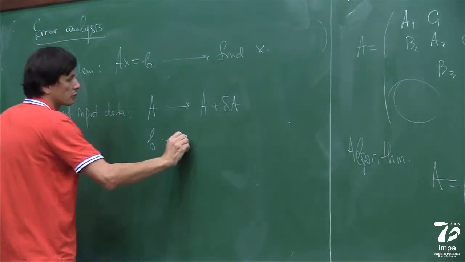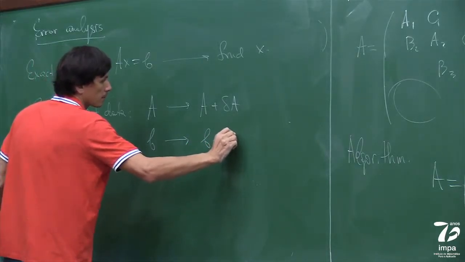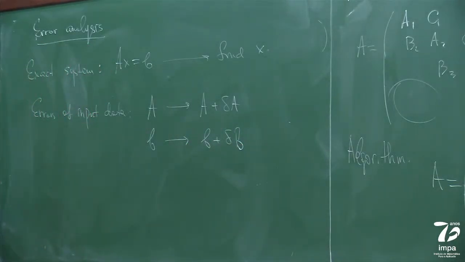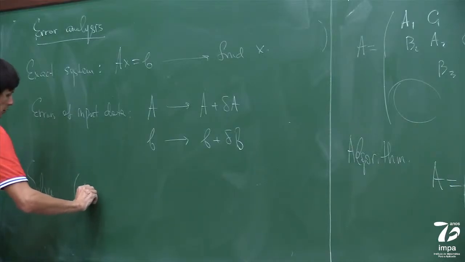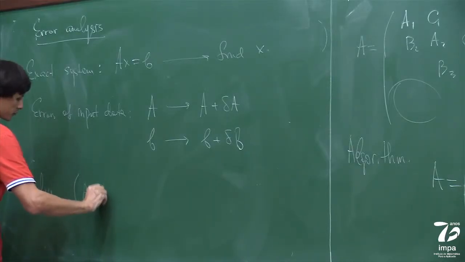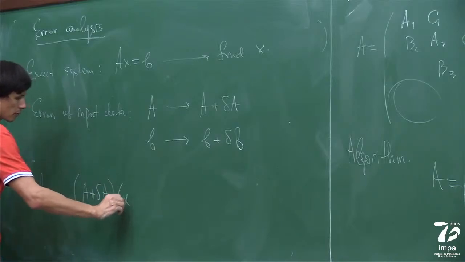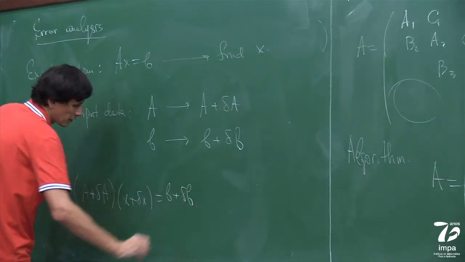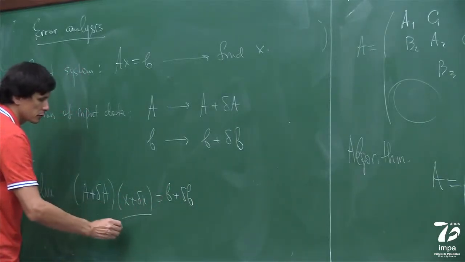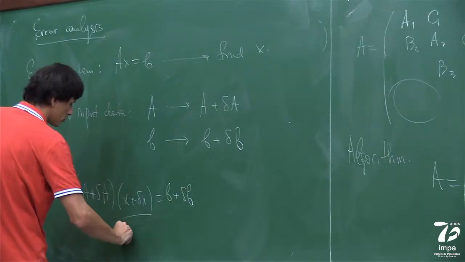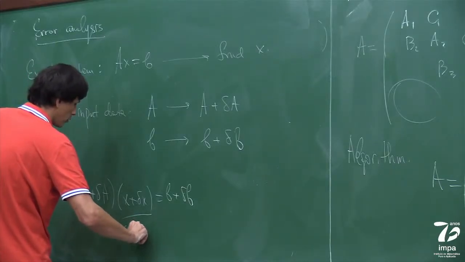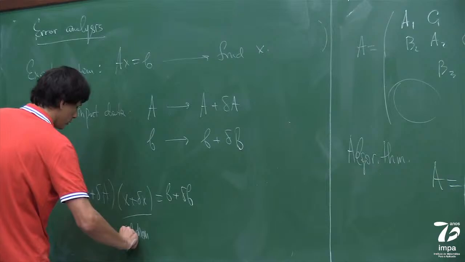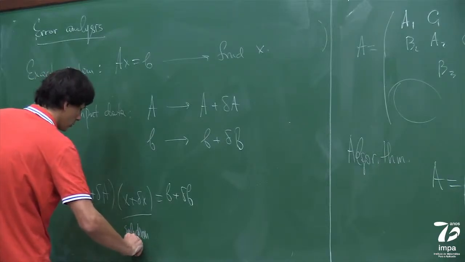And instead of B, you receive B plus delta B. And so it means that in reality you solve this equation. So you find a solution with error.